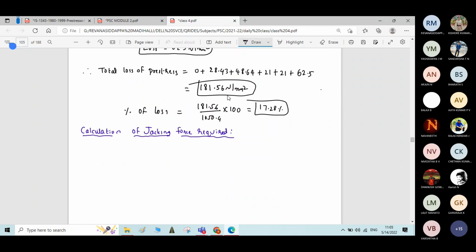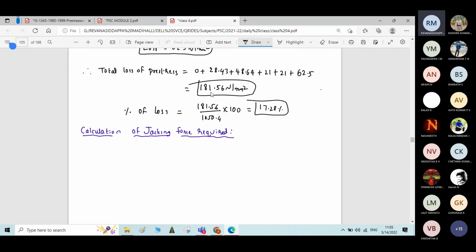See, if we apply the jacking force in such a way that it will cause 1050.4 Newton per mm square, in that there will be a loss of 181.56 Newton per mm square. Now to calculate the jacking force required to overcome all these losses, you need to take this loss into consideration.